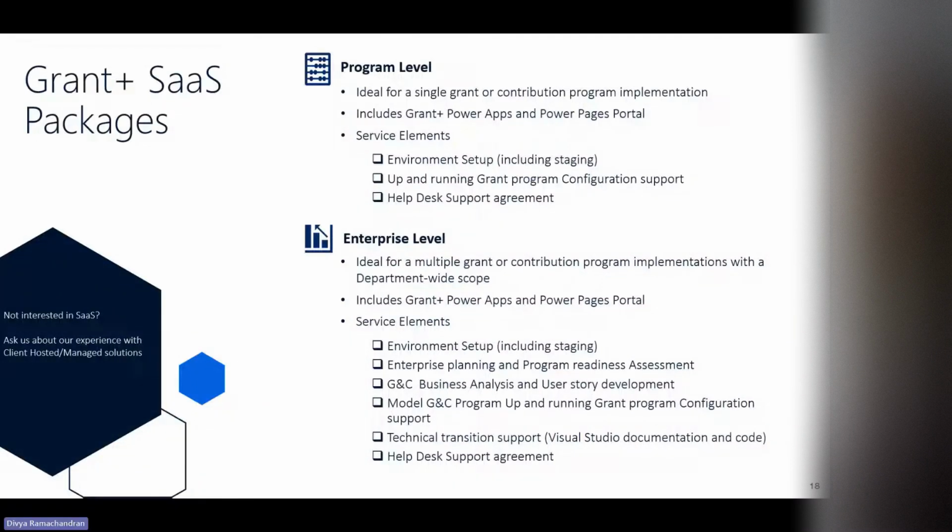It includes the same Power Apps and Power Pages portal, and additional elements in terms of setting up the environments, getting a whole program management team set up, getting business analysis and user story development done through an agile process, grant support in terms of getting that configuration going, and support documents and help desk support additionally.